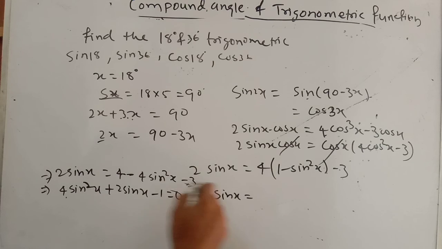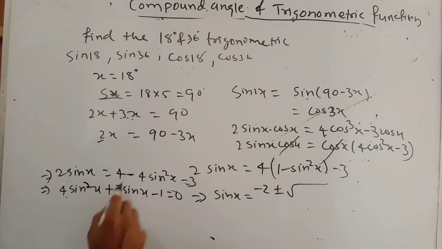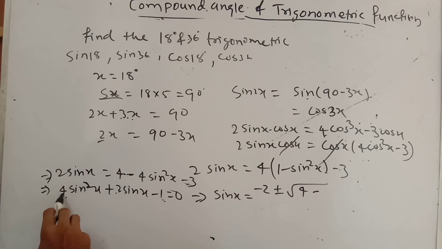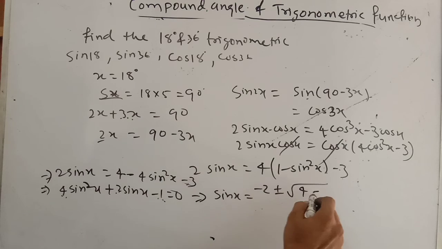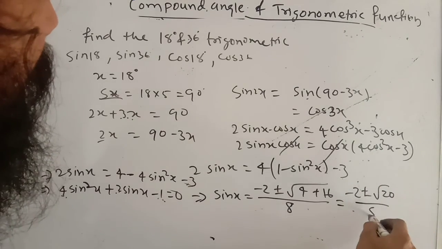So sin x equal to minus b plus minus root of b square minus 4ac over 2a. So minus b here is minus 2 plus minus root of 2 square minus 4ac. So 4ac, 4 into 4 is 16, minus minus plus, so it will become 16, and 2a, so 2 into 4, 8. Okay, so now here minus 2 plus minus root 20 by 8.